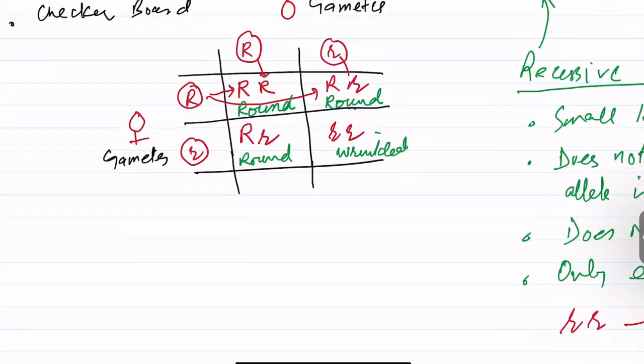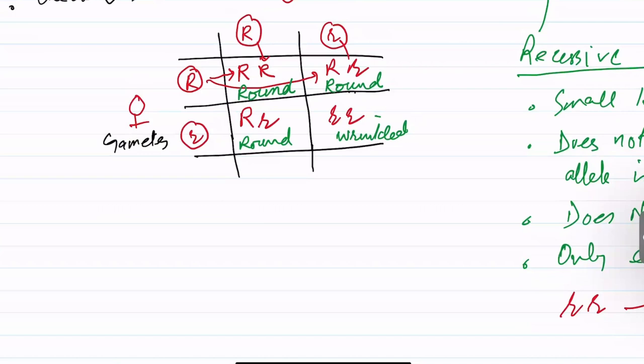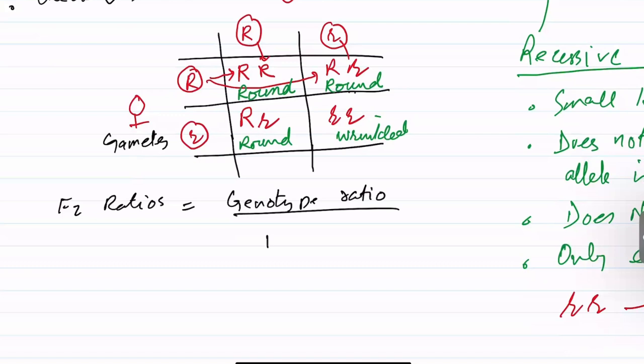So the F2 ratios produced will be: genotype ratio is written as 1 R capital R capital is to 2 R capital R small is to 1 R small R small.